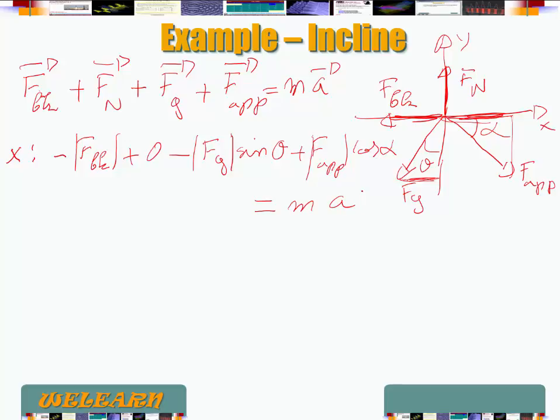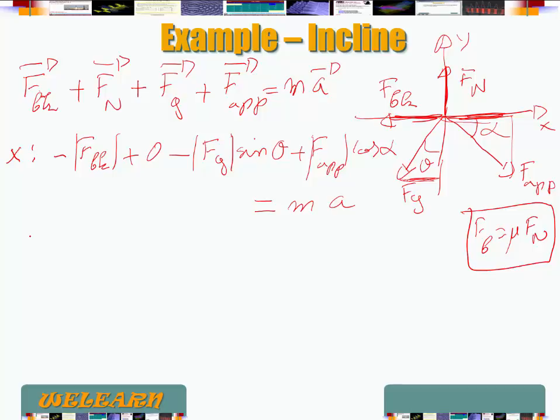Let's rewrite this equation with the quantities that we know. We know that the friction force is related to the normal force by this expression. We'll apply that here.